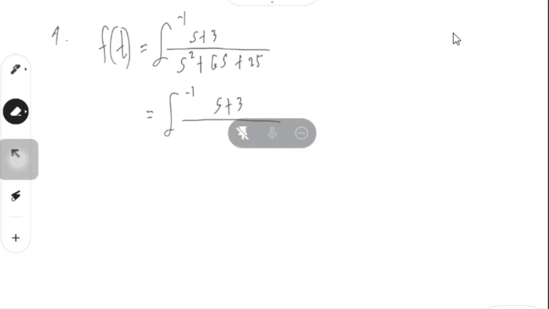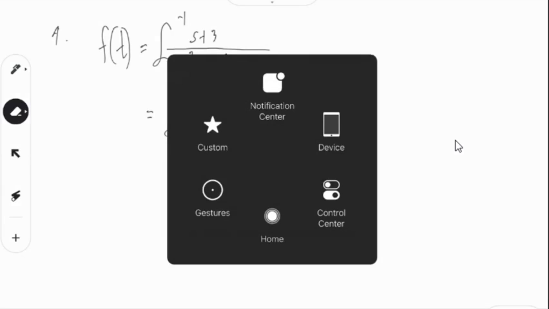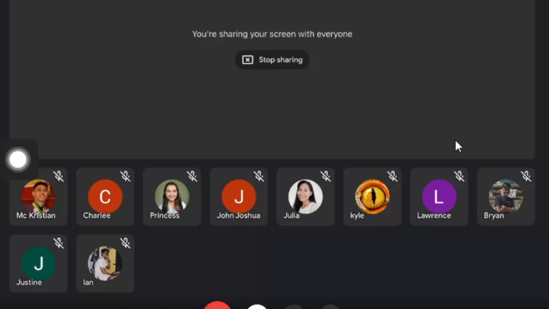Ano na? Hindi ko pa po maisip, sir. Pag-isipan ko pa lang. Sige. Charlie? Sir, hindi ko pa po din alam kung paano po masisimplify yung denominator, sir. Sige. Princess, baka may idea.